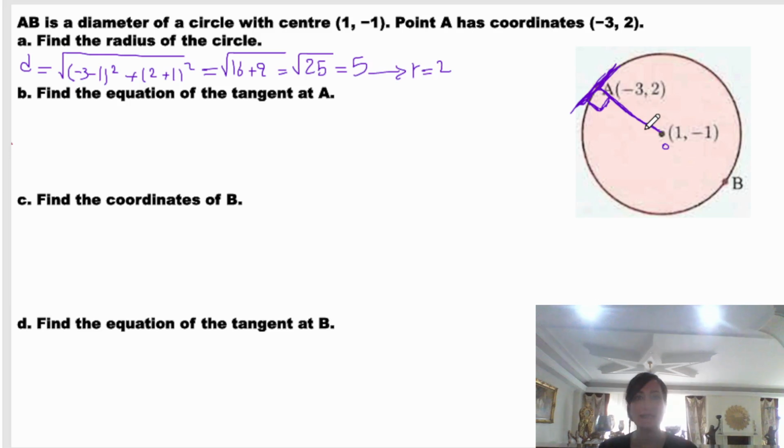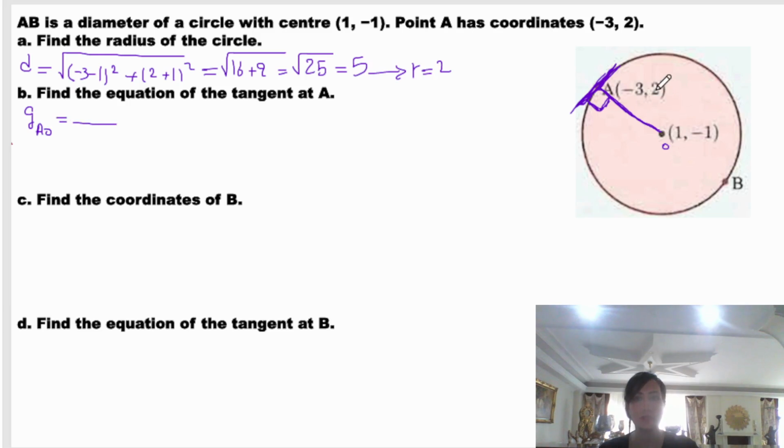We know the gradient, or slope, equals the step of y over the step of x. So I write gradient of AO equals the step of y. What's the step of y?